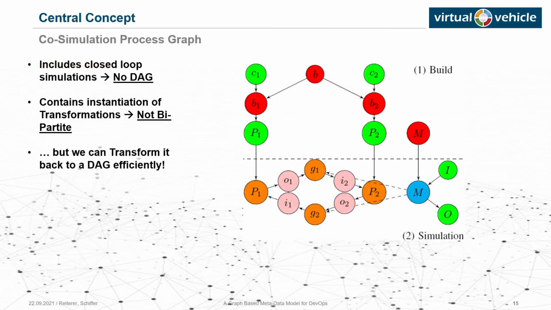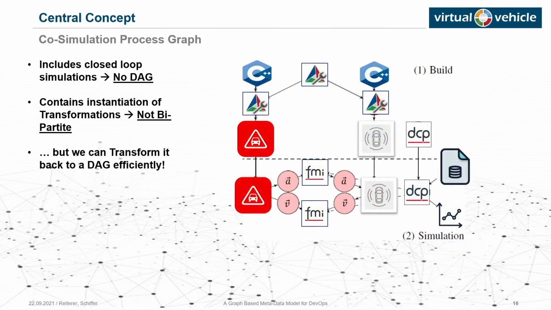But for simulation, things are a little bit different because we would introduce cycles again because of the simulation aspect. And so we have to talk about some rules to get back a directed acyclic graph, but still can represent simulations. So here is a short example of how this could look.